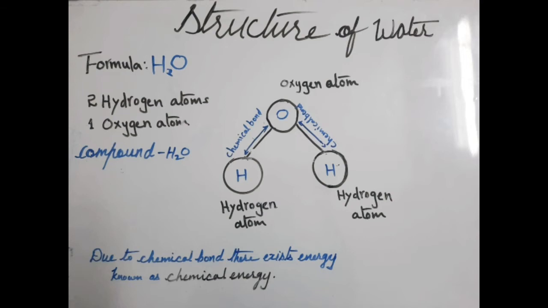When two or more atoms join together, it is known as a compound. After joining, they release energy, which is known as chemical energy. For example, NH3, CO2, that is carbon dioxide, and water, H2O.